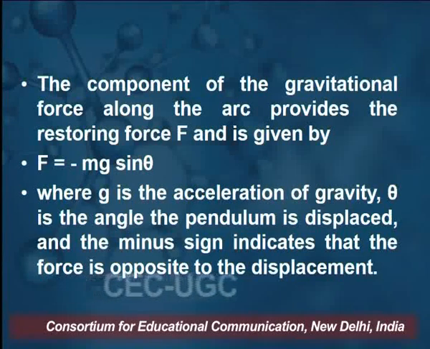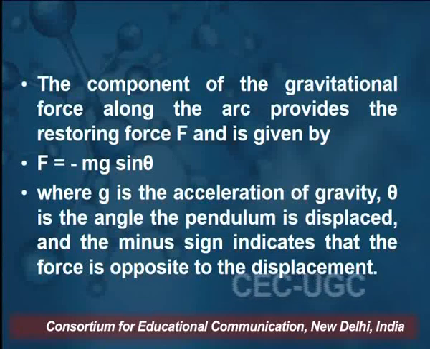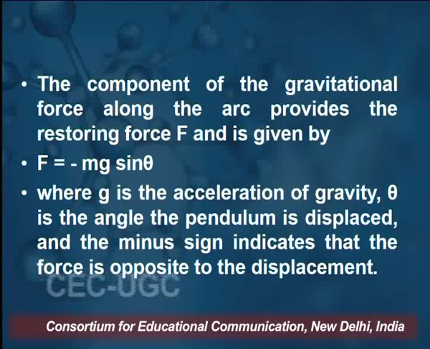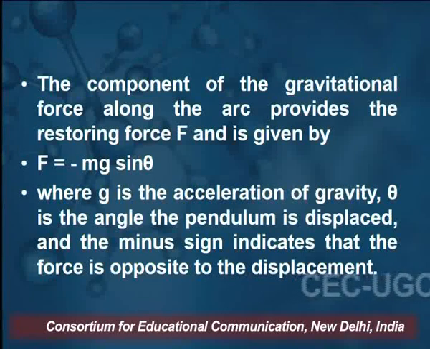Then we can write F is equal to minus mg sin theta, where g is the acceleration of gravity and theta is the angle the pendulum is displaced, and the minus sign indicates that the force is in the opposite direction of the displacement.